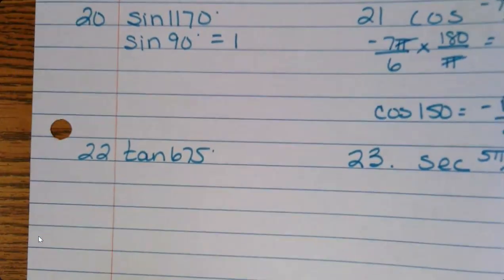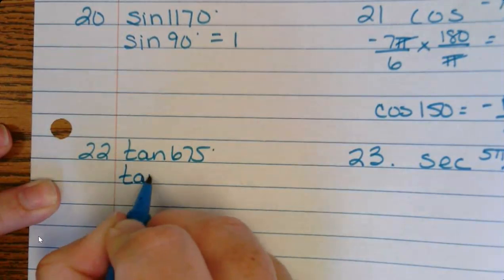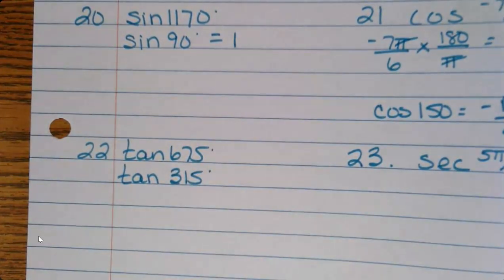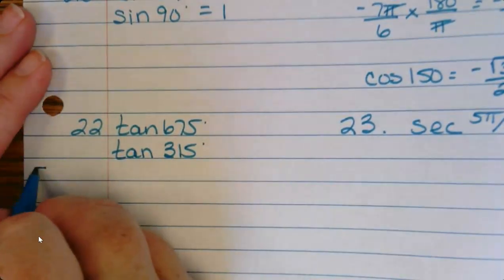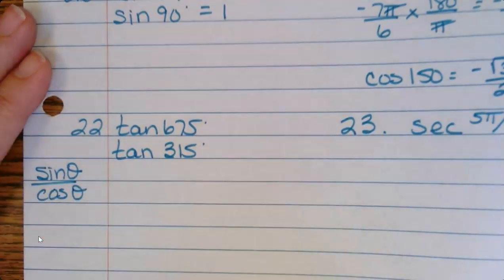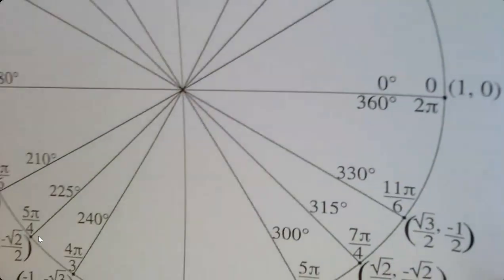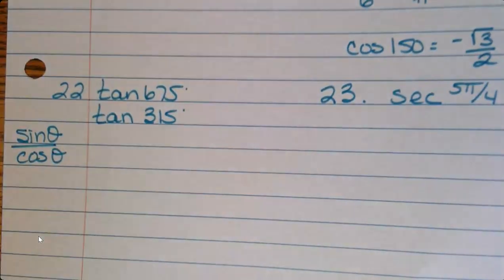Okay. Tangent of 675, again, we're going to subtract 360, and I get 315. Okay. So remember, tangent is sine divided by cosine. So unit circle, sine of 315 is negative square root 2 over 2.